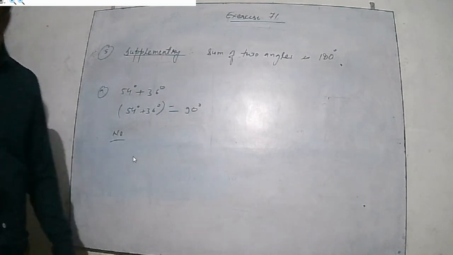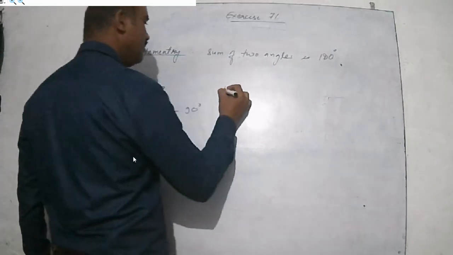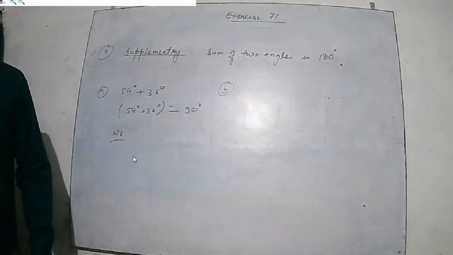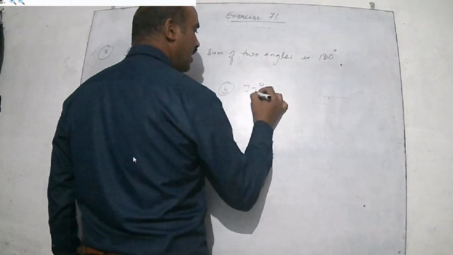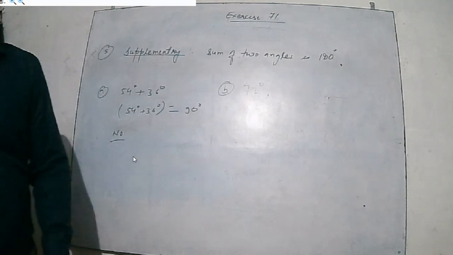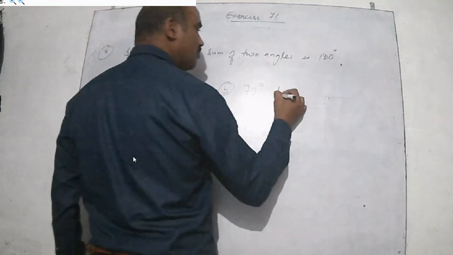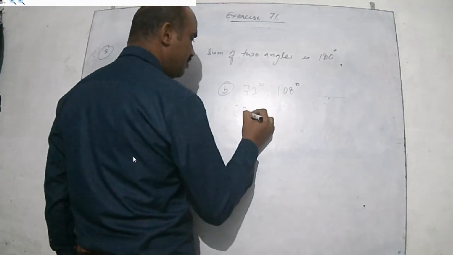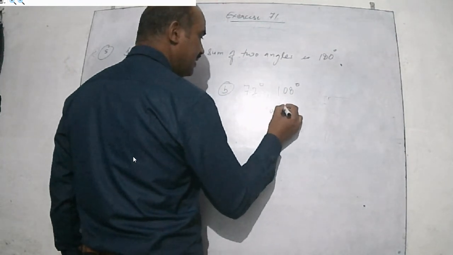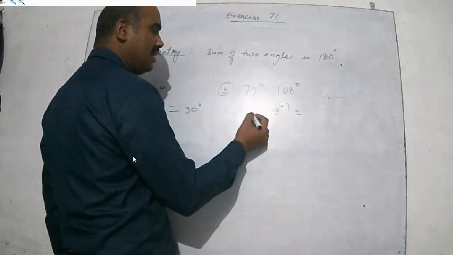Now we come to the next. If there are 72 degrees and 108 degrees, now you have to add 72 degrees plus 108 degrees equal to how much? 180.